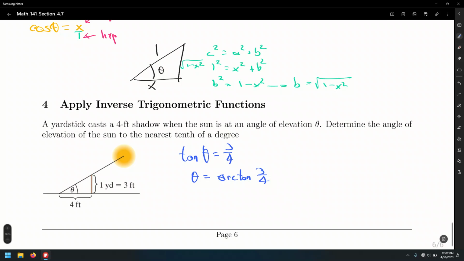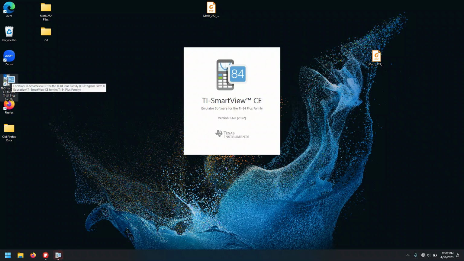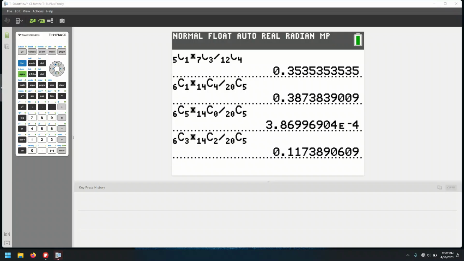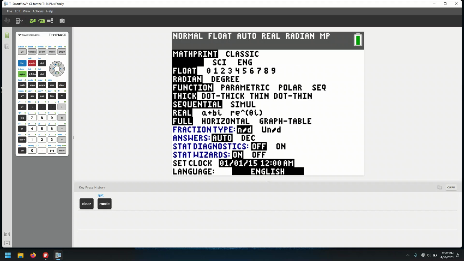So let's use the calculator to compute this. Just make sure that you are in the correct mode on your graphing calculator in order to calculate this. Let me clear all this. Let me double check my mode. Oh no, it's in radian mode.